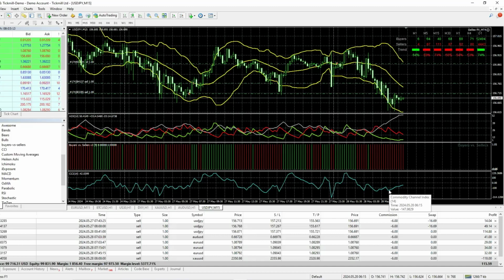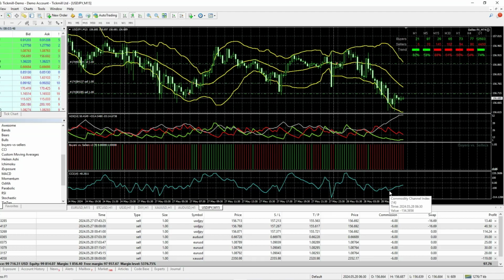So in this current setup right here, I'm looking at the CCI and it's kind of close to zero, but it's not, okay, so it's at minus 40, so it's kind of far from the zero line. Right here, though, because it was at minus 47, this is telling me that the most recent confirmation was the US dollar Japanese yen was oversold.